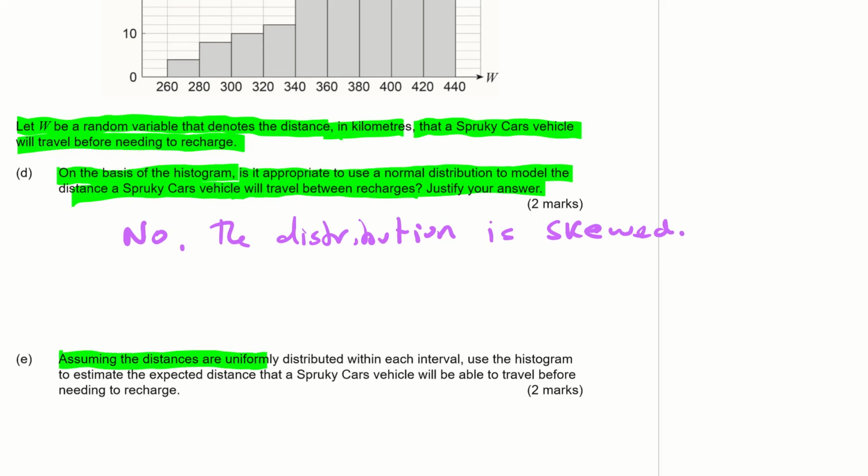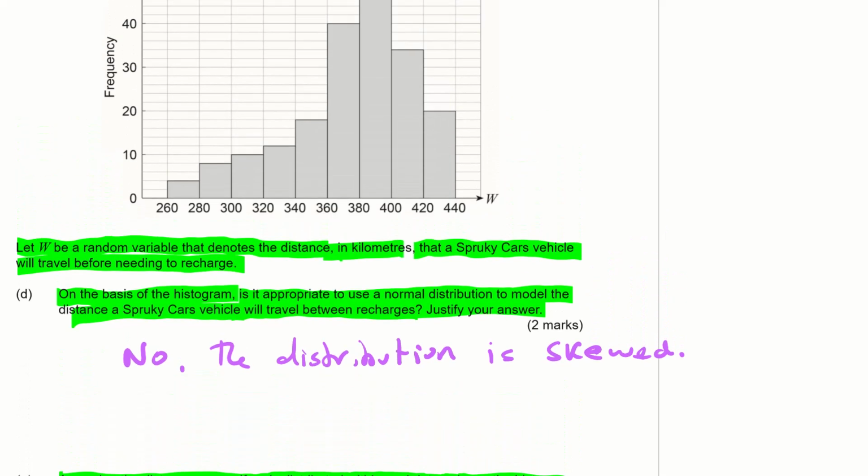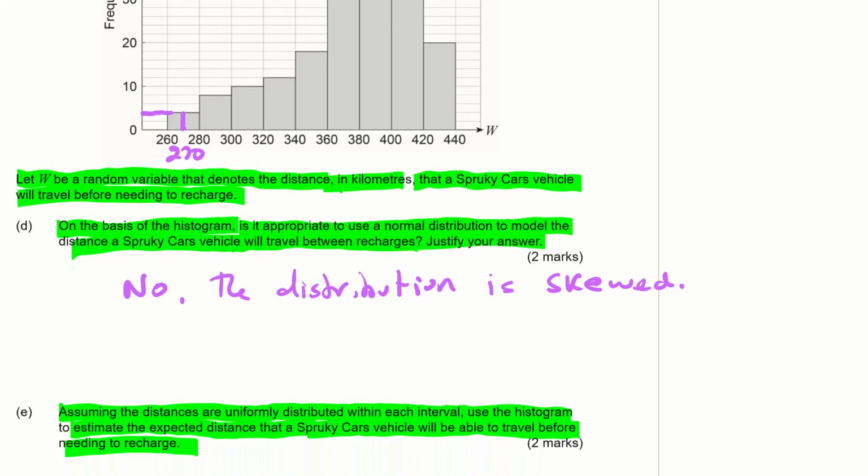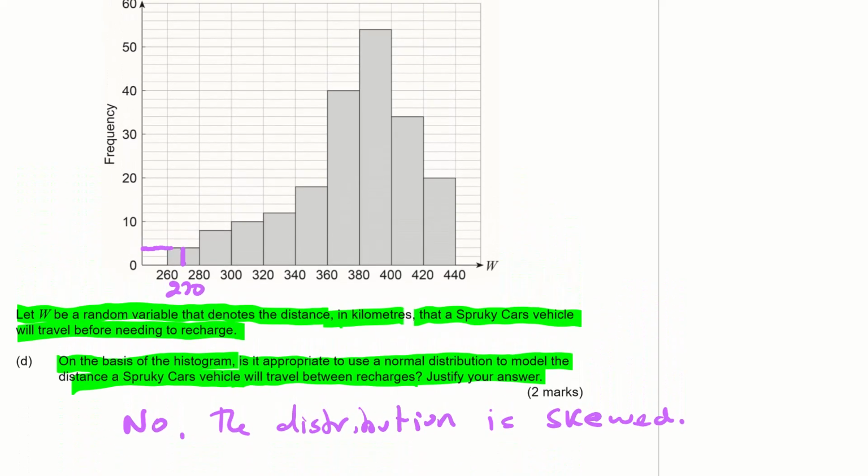Assuming the distances are uniformly distributed within each interval, use the histogram to estimate the expected distance that a Spruky Cars vehicle will be able to travel before needing to recharge. Okay, so the midpoint of this interval is 270, and we can see that that is 4 out of 200 vehicles.